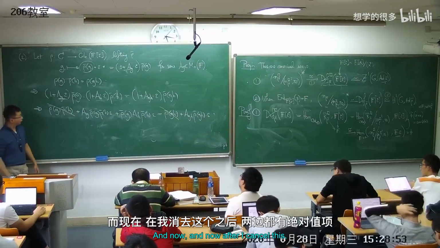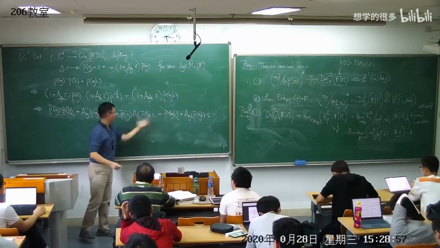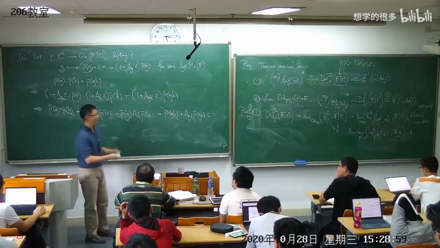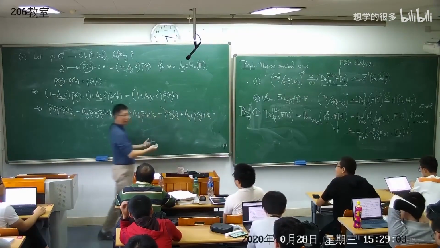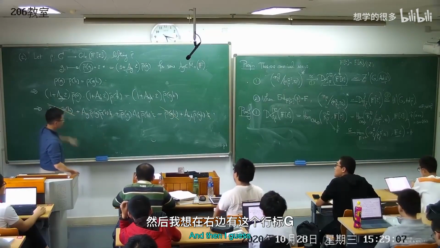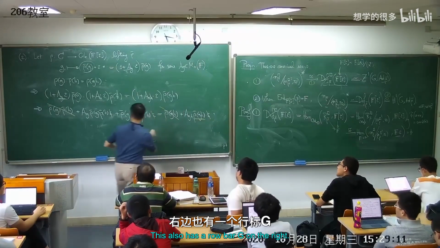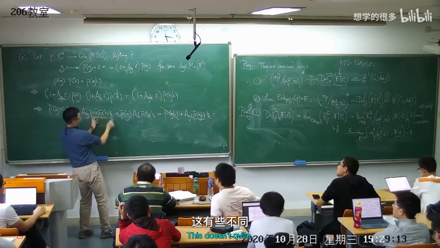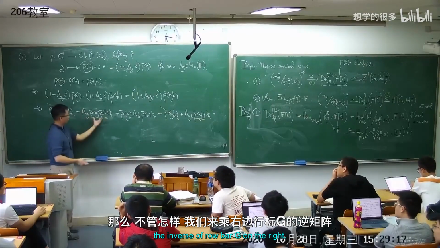After I cancel this, both sides have epsilon, so I cancel epsilon, and these are all in F now. Then I have rho bar GH on the right. This doesn't quite, so let's multiply by the inverse of rho bar GH on the right.